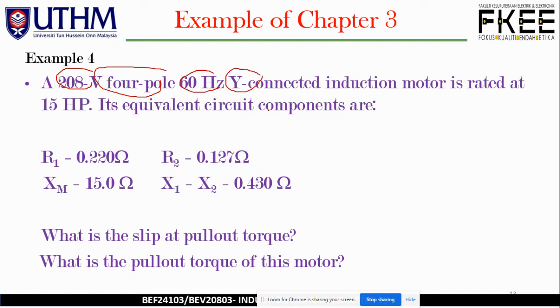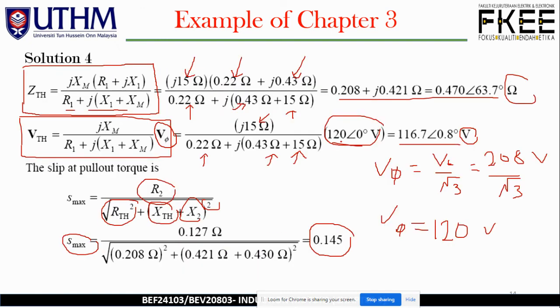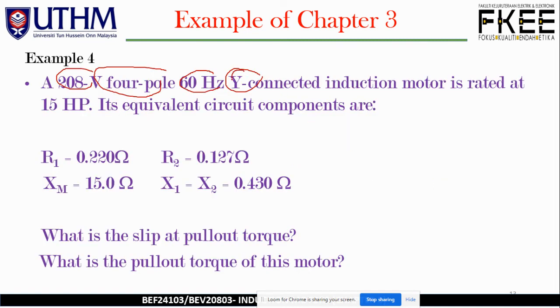The Y connection tells you that the V phase we are calculating here is not equal to V line. It's different. This is the relationship. That's why you need to divide by square root 3, due to the Y configuration.